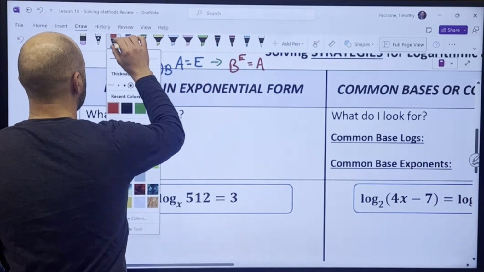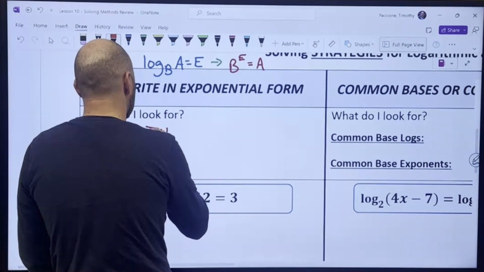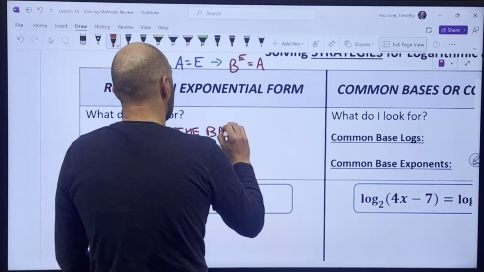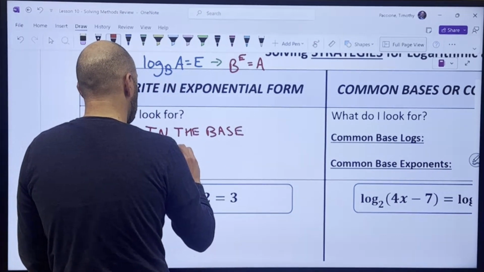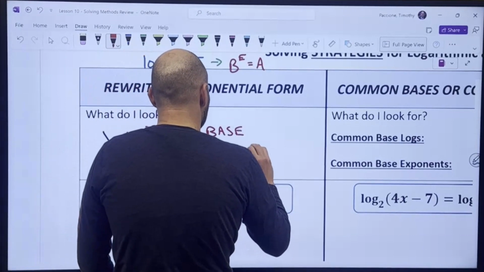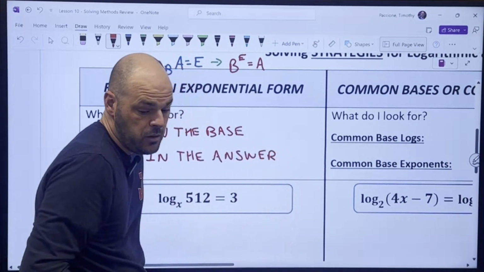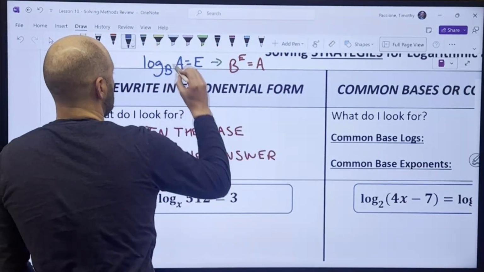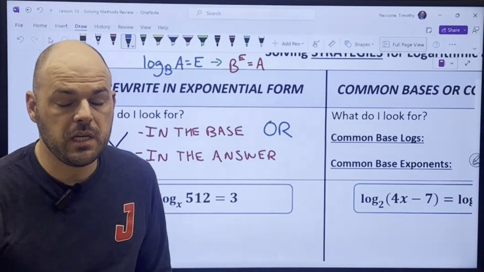It will be in the base, or it'll be in the answer. One of those two situations, it's going to be either or. So we'll look at an example from each of those and we'll go from there.